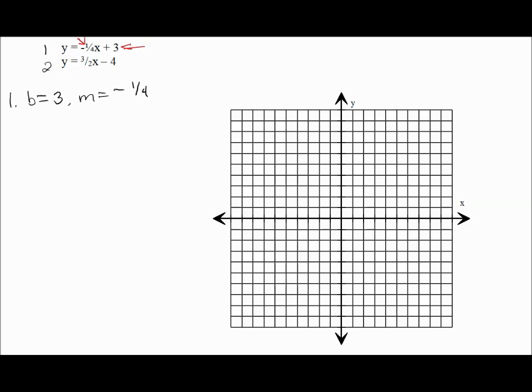Okay, so I'll use those two pieces of information to graph my first line. I'll graph my y-intercept, that first point, by moving up on the y-axis to 3. That's my first point. And then my slope is negative 1/4, so I'll move down 1 and to the right 4 spaces.